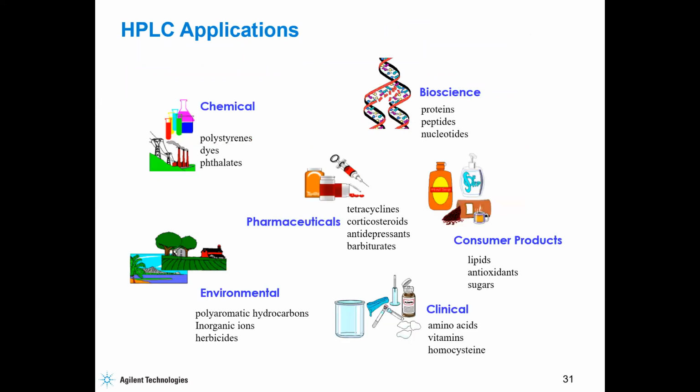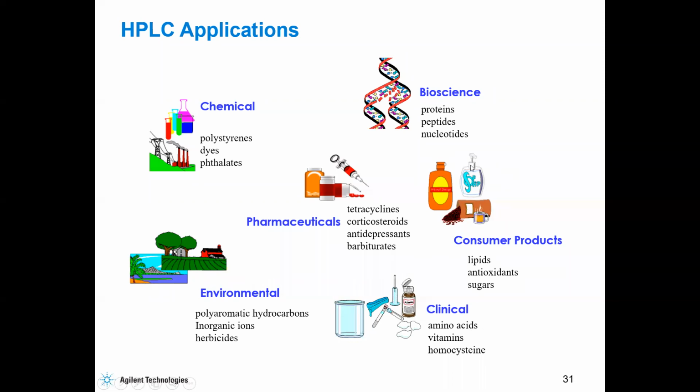So HPLC applications: HPLC can be applied to analysis of environmental samples. You can look at polyaromatic hydrocarbons, inorganic ions, herbicides, pesticides, flame retardants, and additives. We also use it for clinical analysis. You can analyze for amino acids, vitamins, proteins, because these are macromolecules that GC cannot analyze.